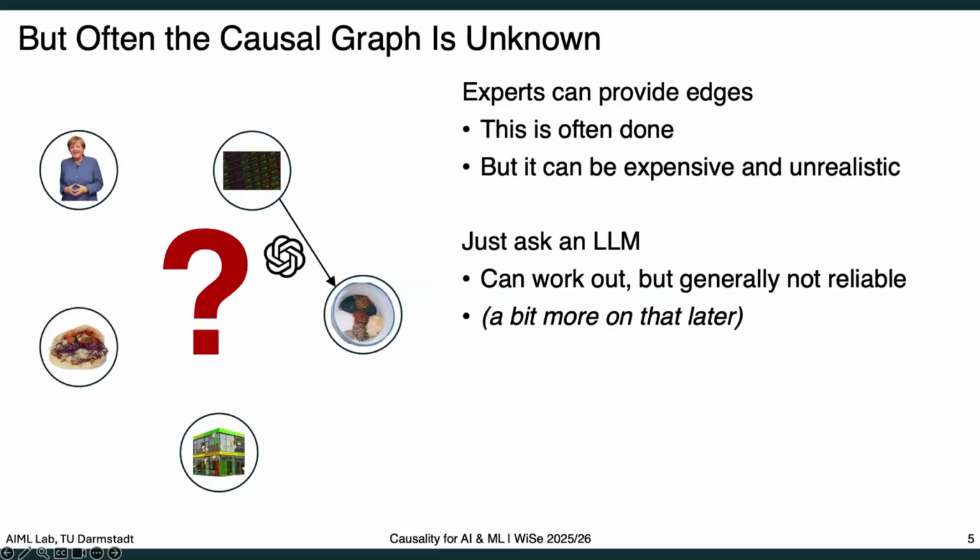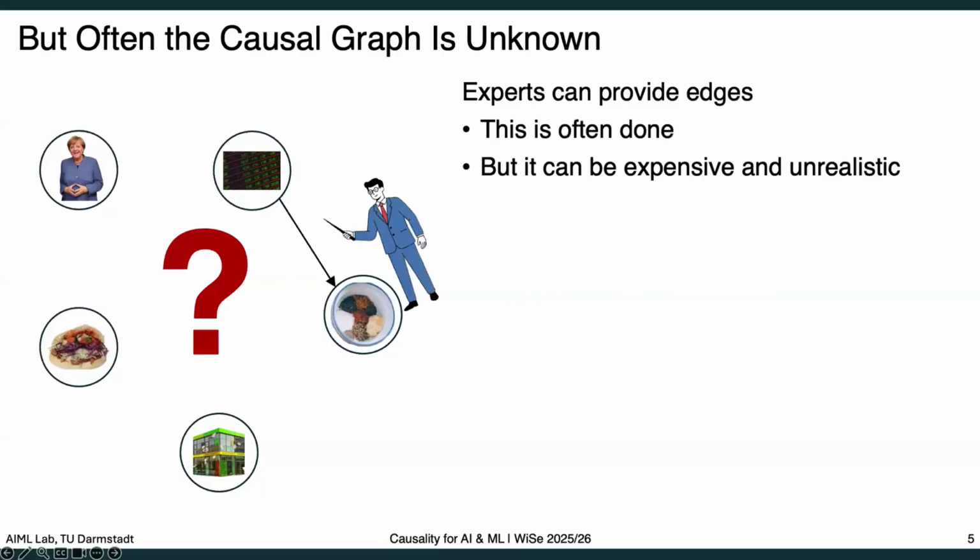One obvious possibility, if we can, is to do what I just did and have experts provide the edges. If they're really experts, if the application is clear, that's perfect, right? Then we are done.